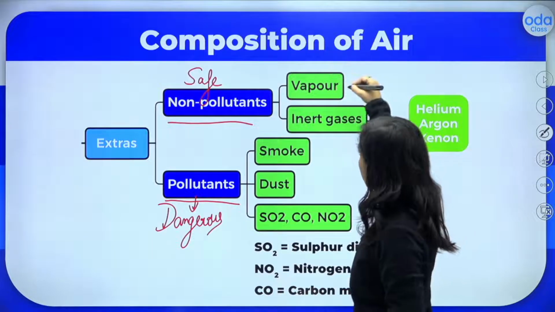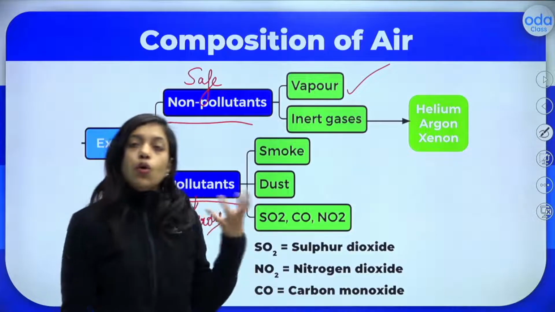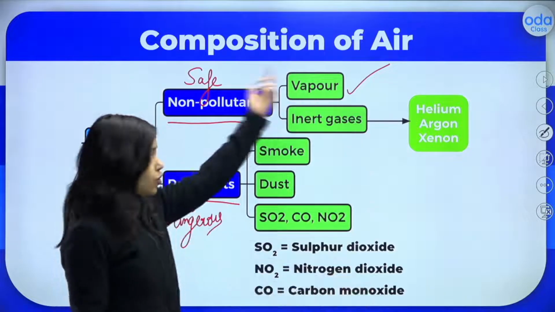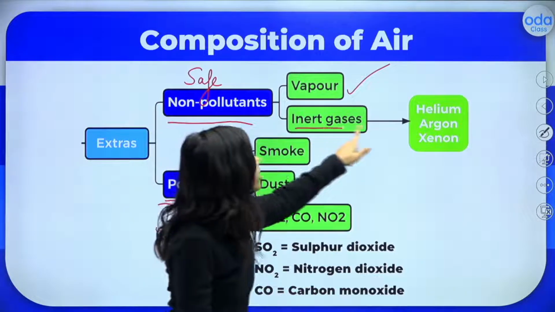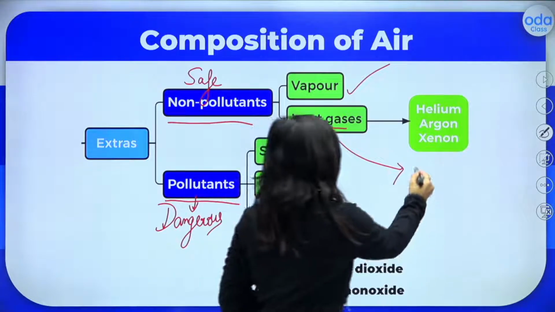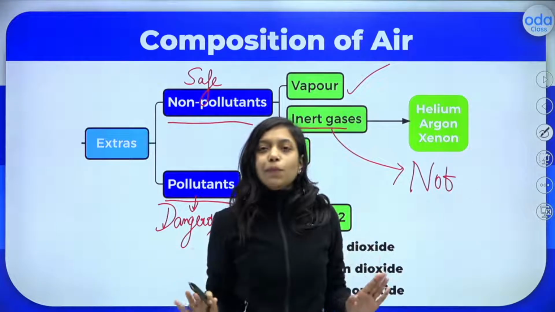See here, non-pollutants means water vapor. We all know about humidity, right? So water in its gaseous form, that is called water vapor, that is also present in the air. It will not cause any harm for us. And then we have inert gases. What do you mean by inert gases? They will not react with anything. They're very silent, very calm.